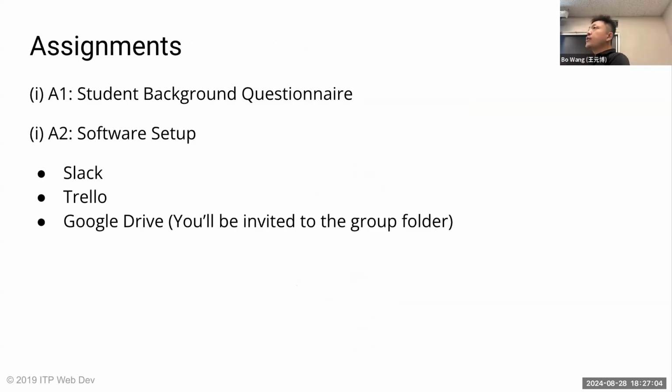We'll put you into Slack groups once we form the groups. We'll also put you into Trello to keep the weekly task updates and scrums. And we'll add you to the group folder where all of you will keep your files, for easy exchange and easy grading.